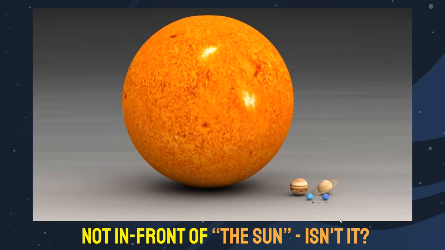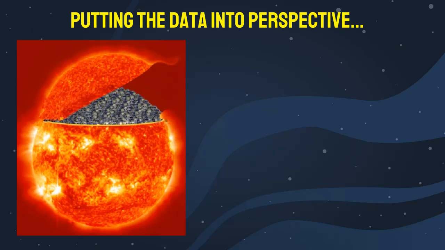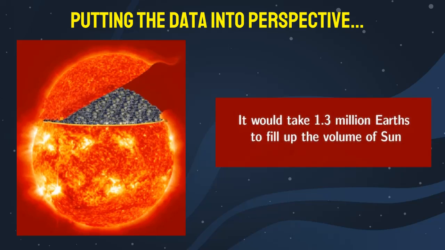So now let's put all these things in a little bit more perspective to give us the feel that if I take the entire sun and start filling the earth inside this, it will take approximately 1.3 million earths to fill up the volume of the sun. Sun is so much big in comparison to the earth.